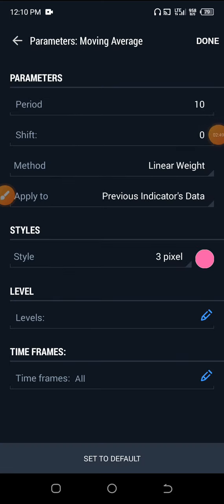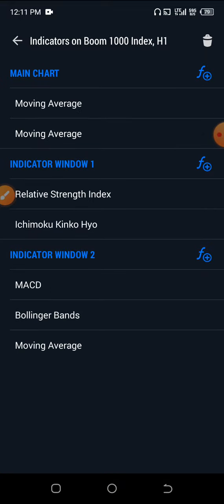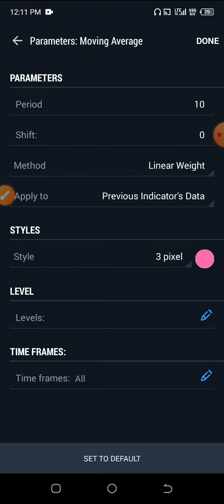Number 2, the second moving average, we'll have this one, and this time we are using linear weighted, and the application of that one is previous indicator data. Please set it this way. Remember that we are not applying any levels in this place, and everything is set like this.